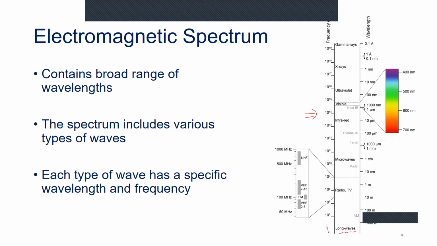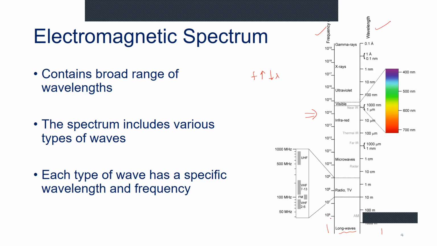On the left side is the frequency, and on the right side we have the wavelength. As I have explained, wavelength and frequency are inversely proportional to each other. So frequency up, wavelength lambda down.